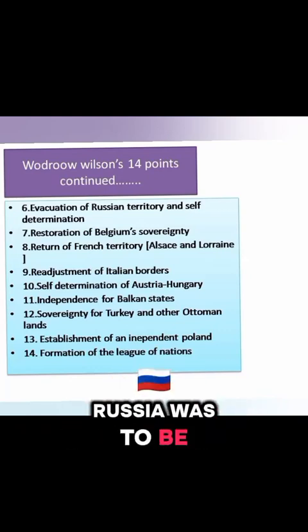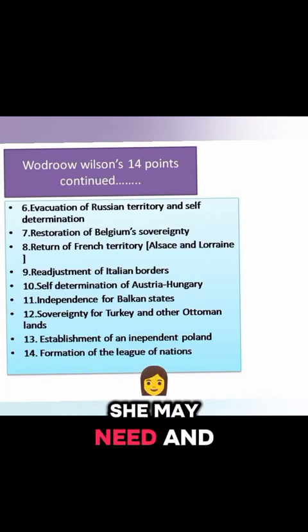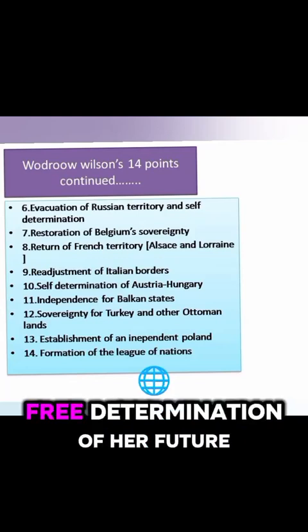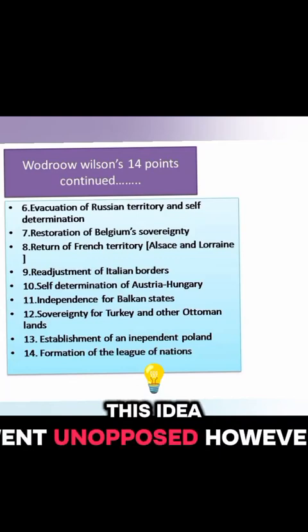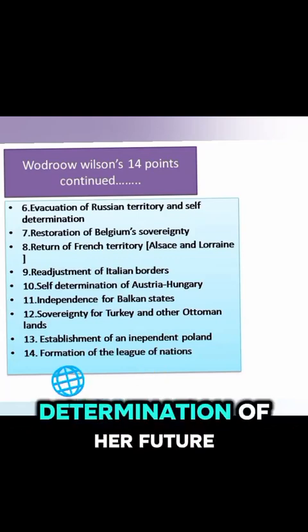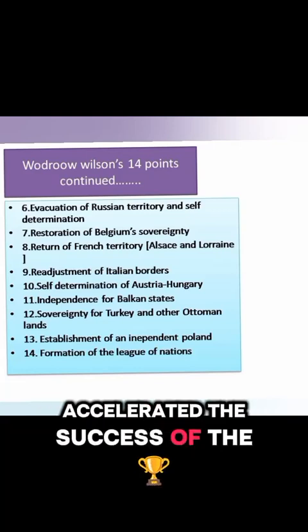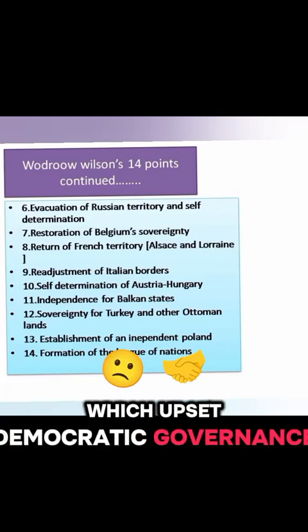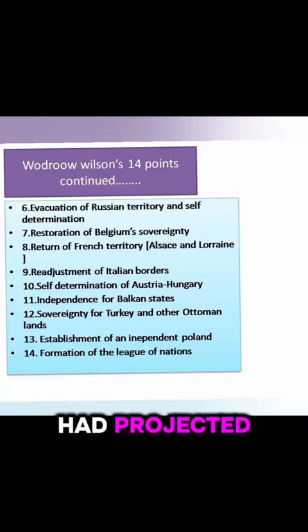Russia was to be assisted in every way that, quote, she may need and herself desire for the free determination of her future. This idea went unopposed. However, the principle of free determination of her future accelerated the success of the 1917 revolution, which upset democratic governance that Wilson and his associates had projected.